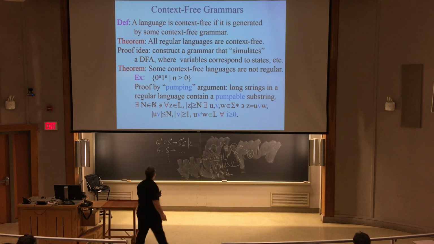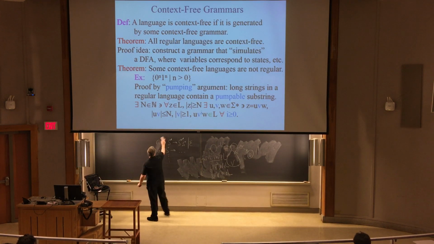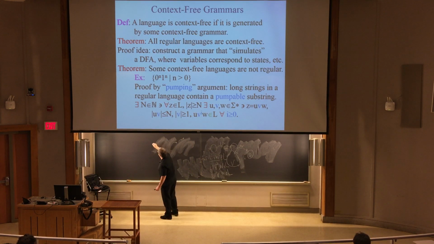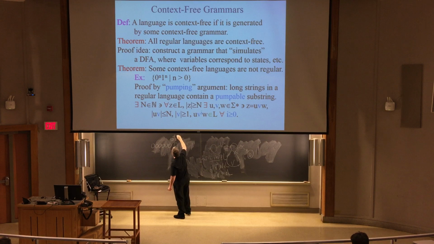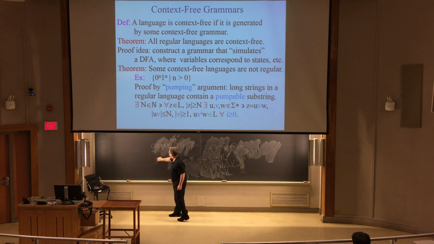So now look at strings of the form 0 to the n, 1 to the n. If you look at a string of a bunch of zeros and a bunch of ones, these are strings of the form 0^n 1^n, and this is an example. Ask yourself, where is this pump v?